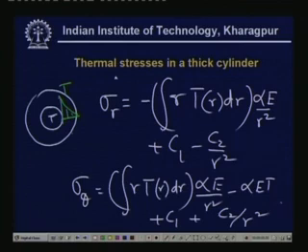Again you see, because of the temperature changes, a thermal stress is developed. So all these are very important aspects for designing.